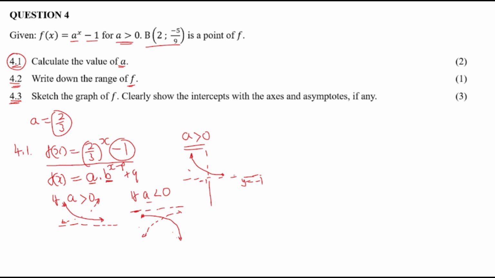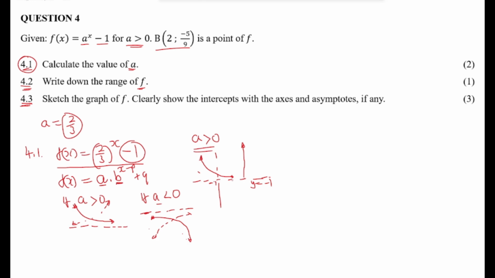So the y values are from negative 1 going up. But it cannot be negative 1 because at y is equal to negative 1, we have the asymptote there. Remember, the graph will never touch the asymptote. So y should be greater than negative 1.